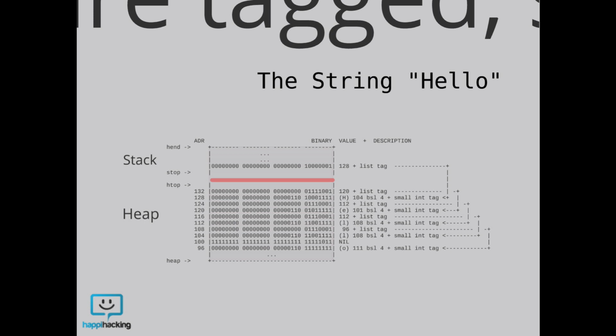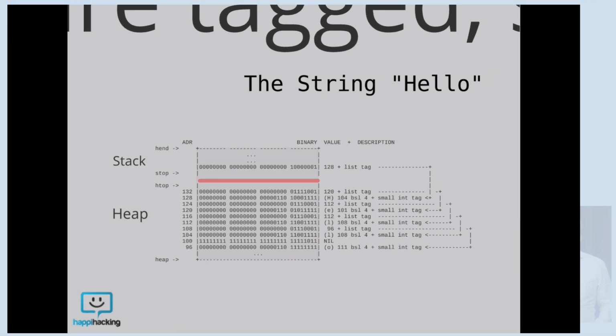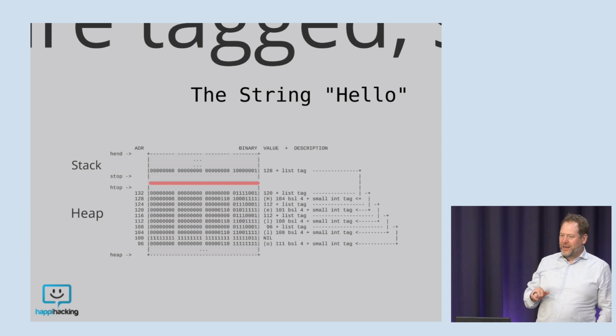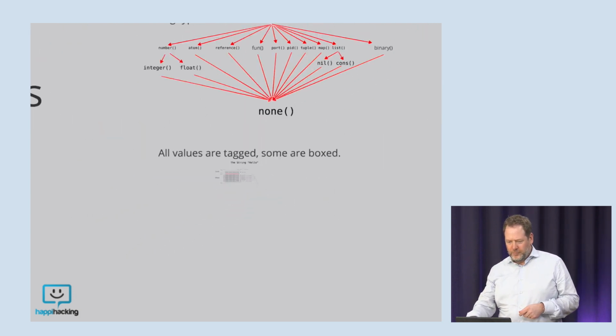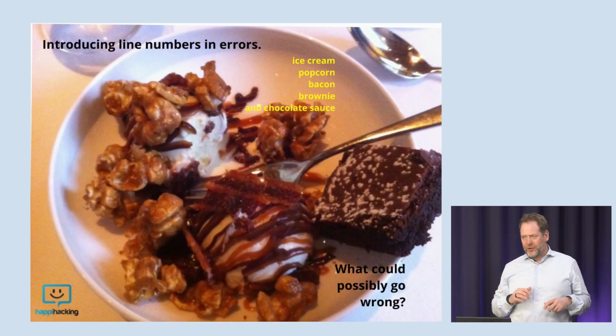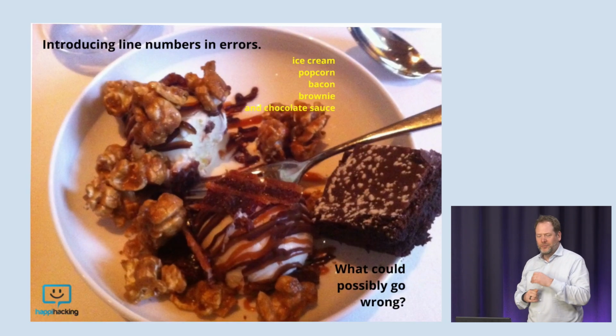So the string hello takes a number of words. This is in a 32-bit representation. In a 64-bit representation, it's obviously twice the size. I really like Erlang strings though, because you can do string concatenation in order 1, which is really hard in most languages, because Erlang strings are actually IO lists.